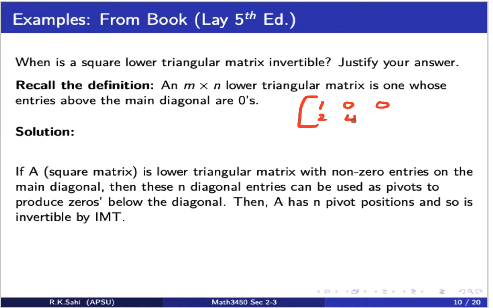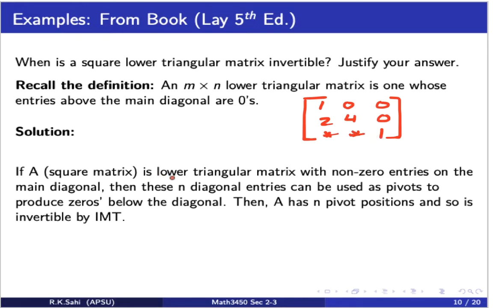Suppose 4, 0, then 2, this can be any element, this can be any element, and say 1. Now, this is a special case I'm looking at: it's a square matrix and there are no zero elements on the diagonal.